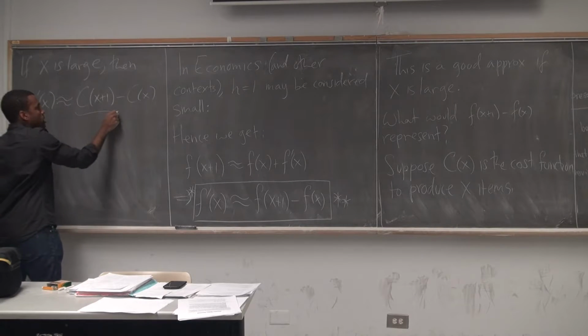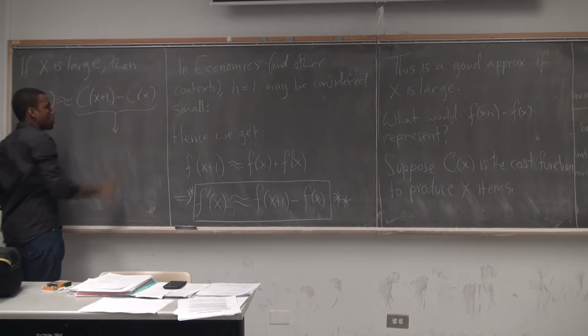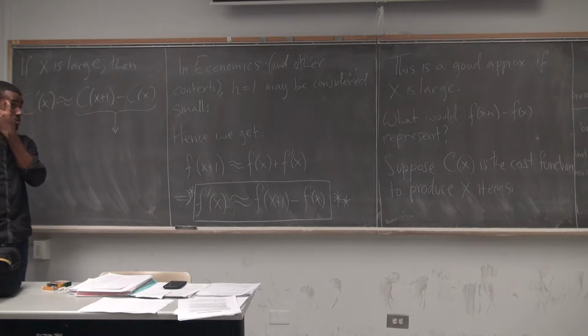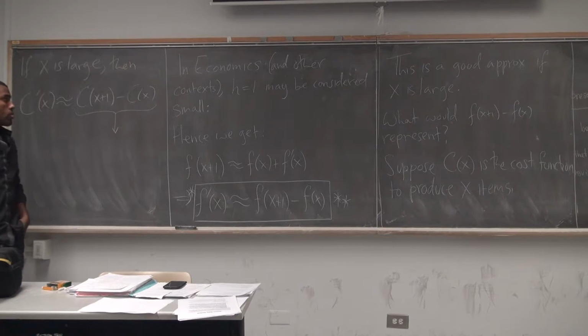Now this guy here, how can I interpret that quantity? How do you interpret c of x plus 1 minus c of x, given that c of x is the cost to produce x items? Cost to produce 1 item.